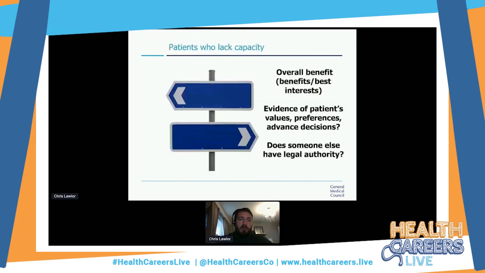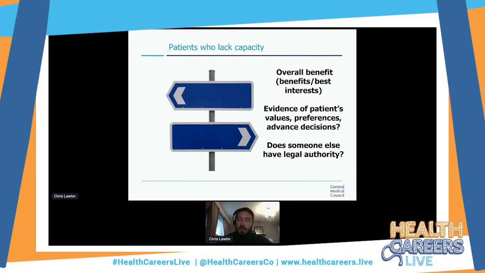Just want to point out, if a patient does lack capacity, so if you go and assess a patient and you decide they don't have capacity to make a specific decision, then we are going to look at making decisions in the overall benefit and the best interests of a patient.